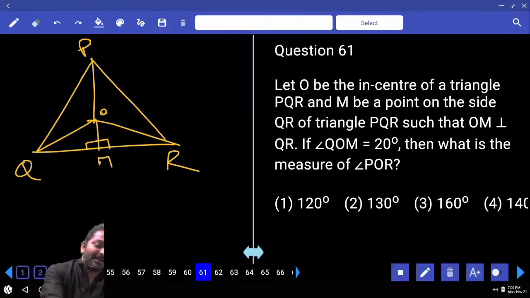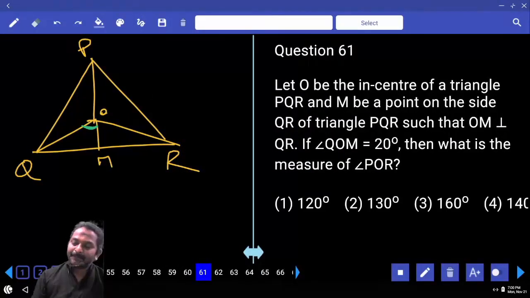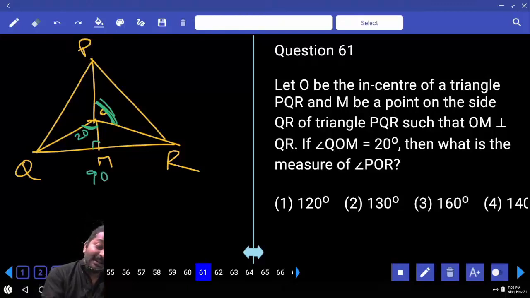Because it is perpendicular. Next, QOM, the angle at this place is 20. What is the angle measured at POR? This part, correct?